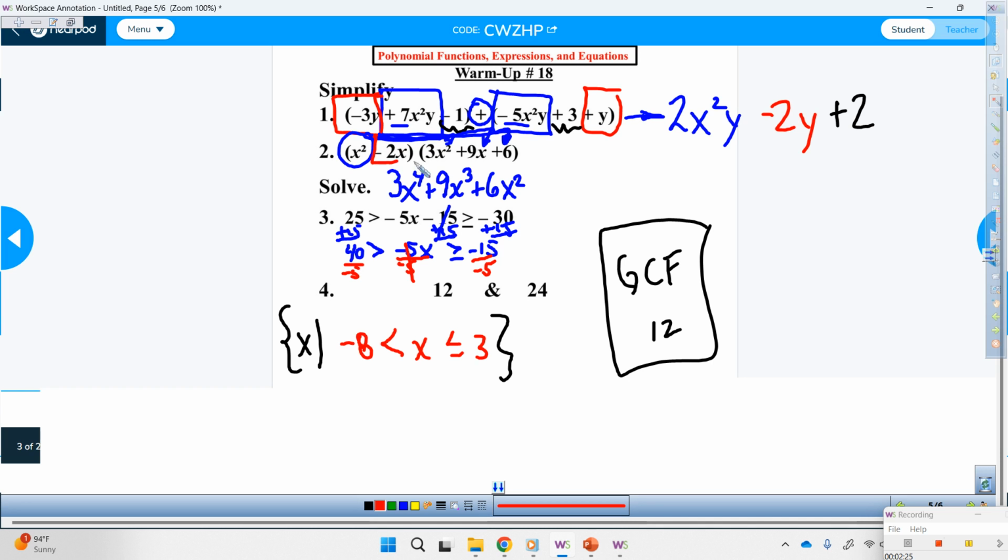Go to the 2nd term. Negative 2x times 3x squared. Negative 2x times 9x. X to the 2nd. And negative 2x times 6.